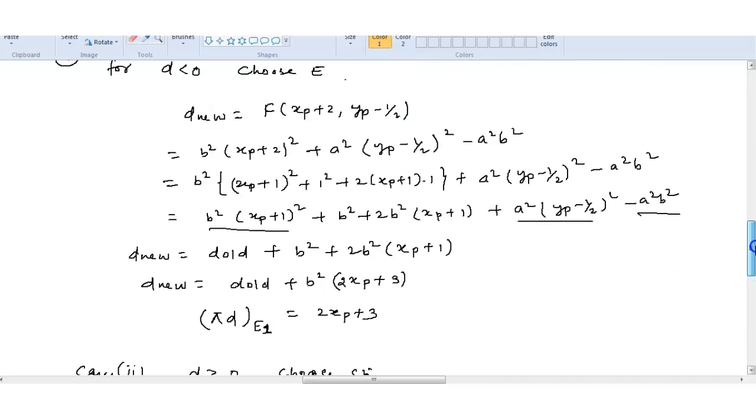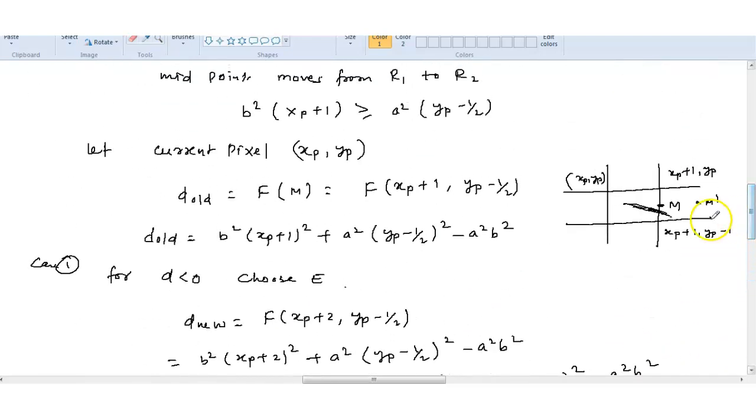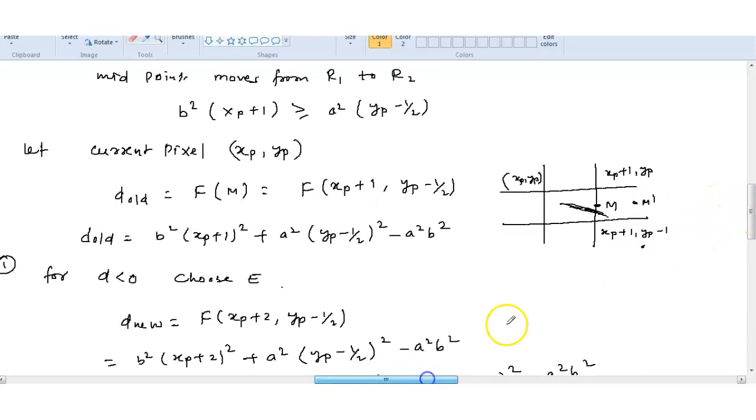So southeast here, the coordinate will be xp plus 2, and yp will be decremented. This is already m. This m is xp plus 1 and yp minus half.